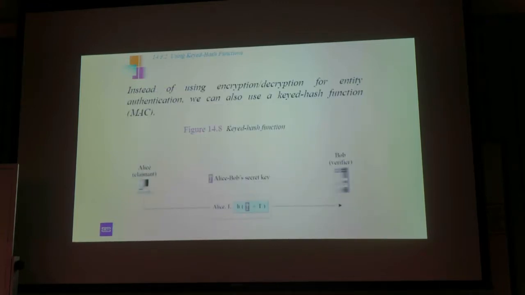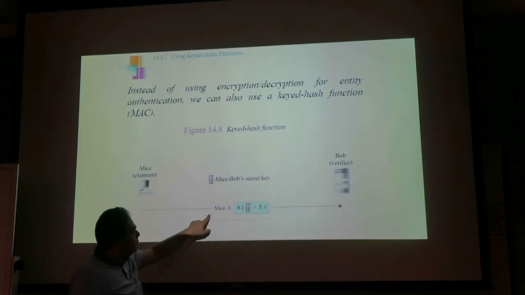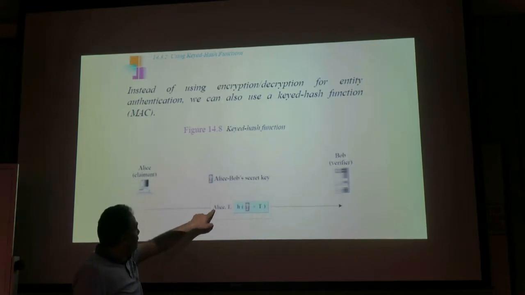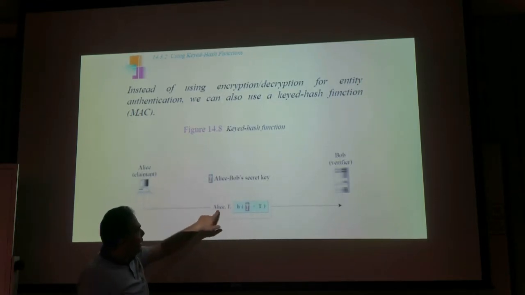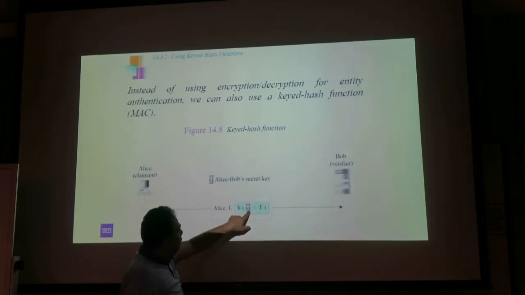Now using a keyed hash function to make it more secure. Alice sends the timestamp, its identity, then hashes the key with the timestamp.